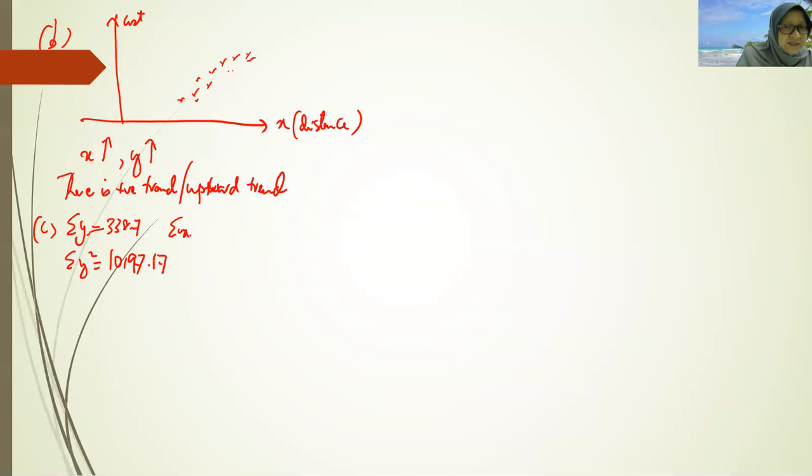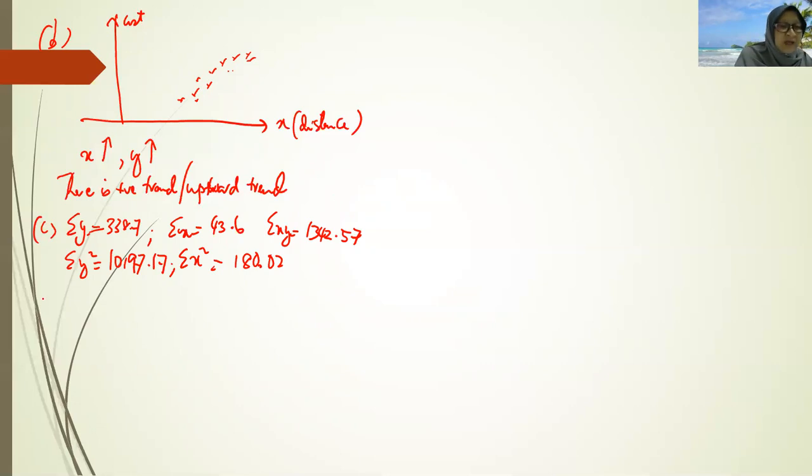Sum of X equals 43.6. Sum of X squared equals 180.02, and sum of XY is equal to 1342.57. So this is the summation.